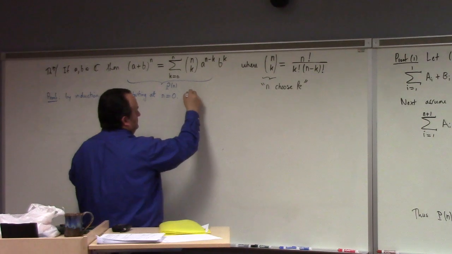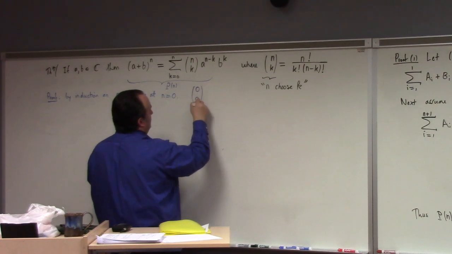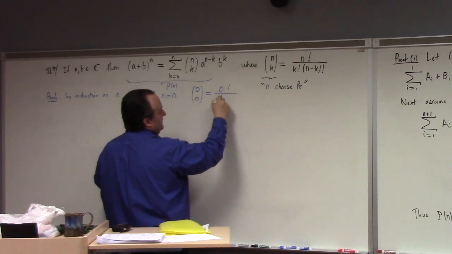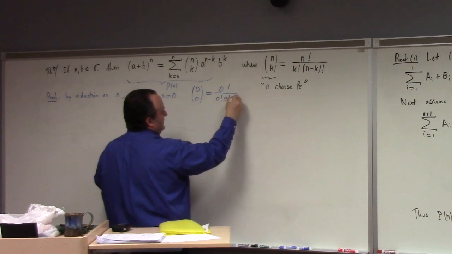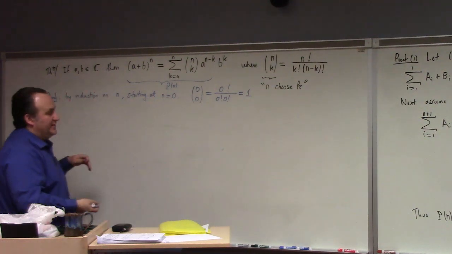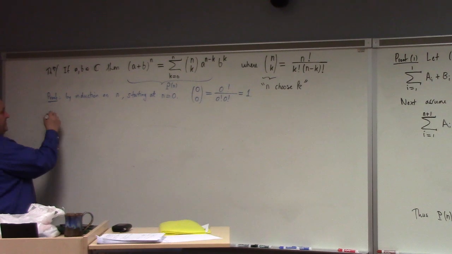Notice that 0 choose 0 is 0 factorial over 0 factorial times 0 factorial, also known as 1, because 0 factorial is 1, and 1 over 1 is 1. 1 times 1 is 1. All right, you get it.